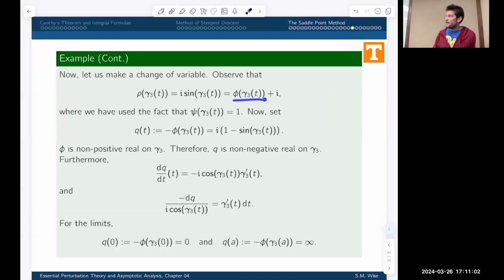Now what is this? This is a real function of a real variable. And what happens? It goes from minus infinity up to 0 and then back down to minus infinity. It looks a bit like that.